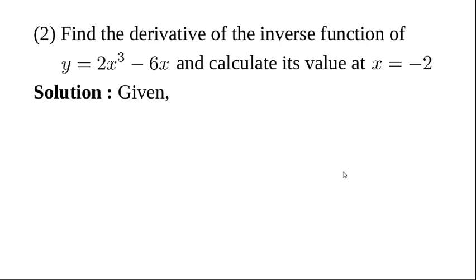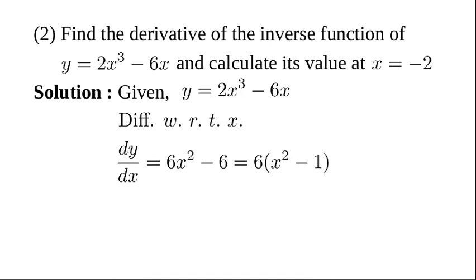Second example, find the derivative of the inverse function of y equal to 2x cube minus 6x and calculate its value at x equal to minus 2. So here we are given y equal to 2x cube minus 6x, differentiate with respect to x. That gives you 6 times x square minus 1. We have dx by dy equal to 1 upon dy by dx. So we are asked to find dx by dy, but we are given the value of x equal to minus 2.